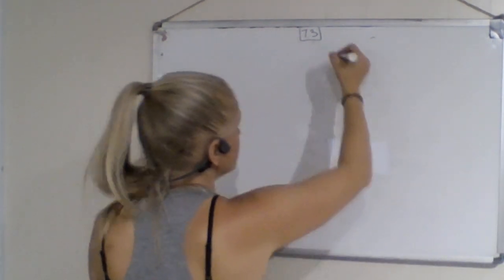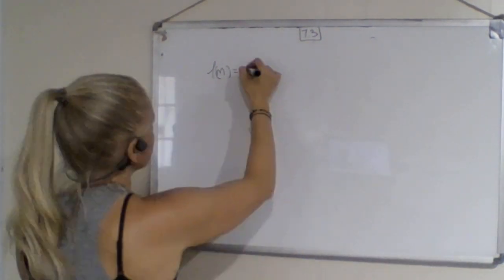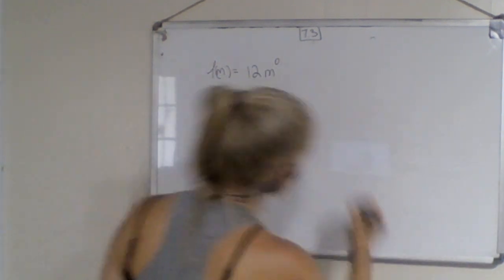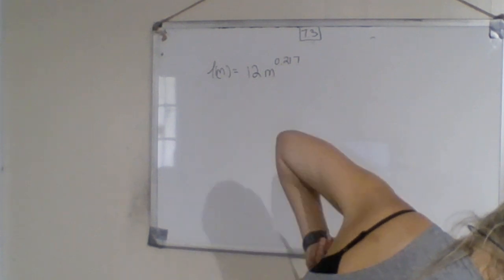It tells us something about biology. L of m is 12m to the 0.217. And then I have another function that is incubate.